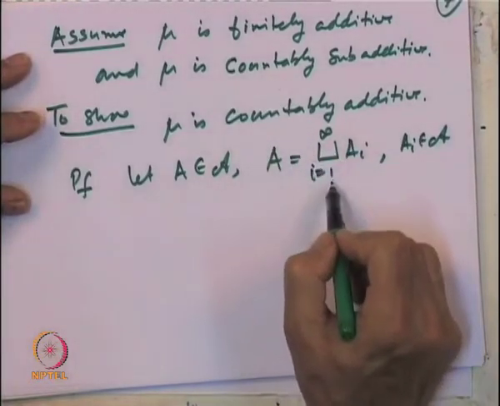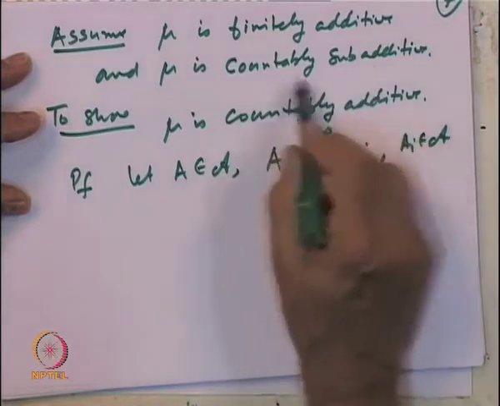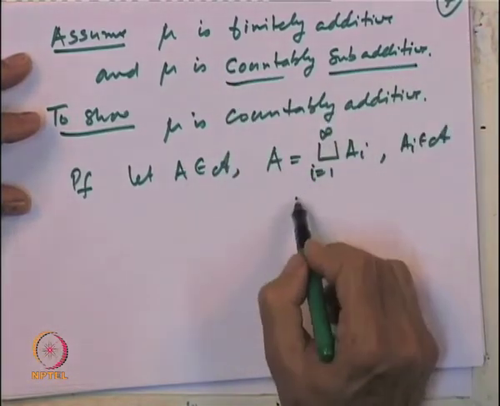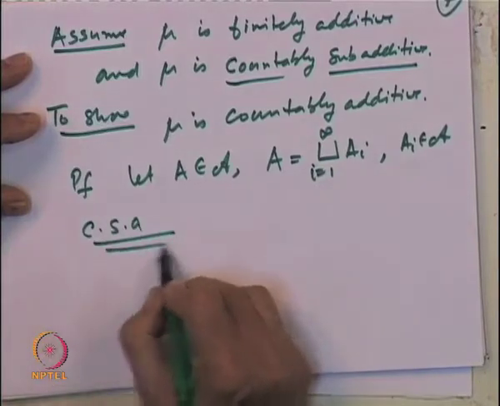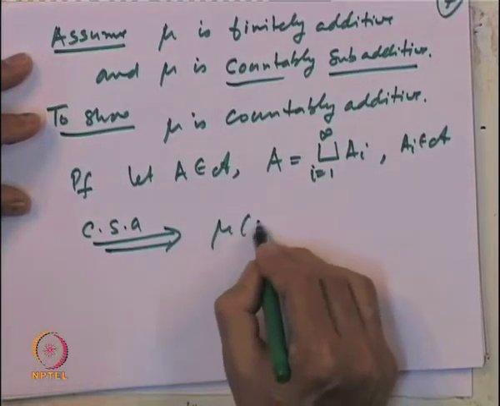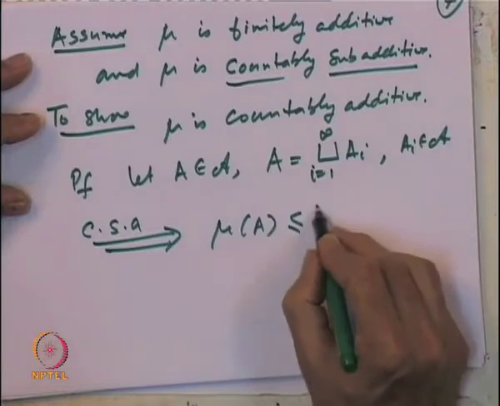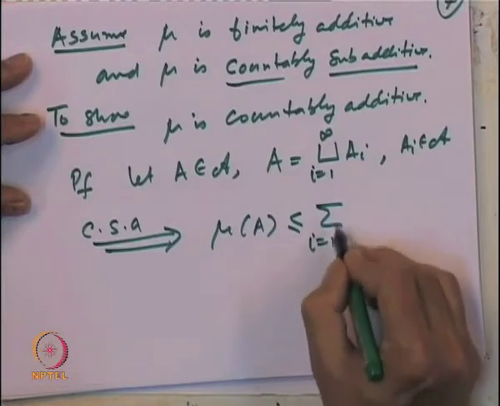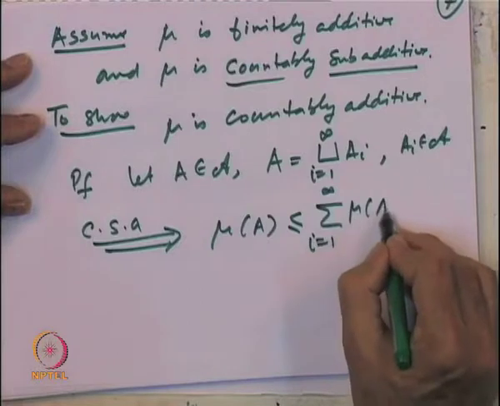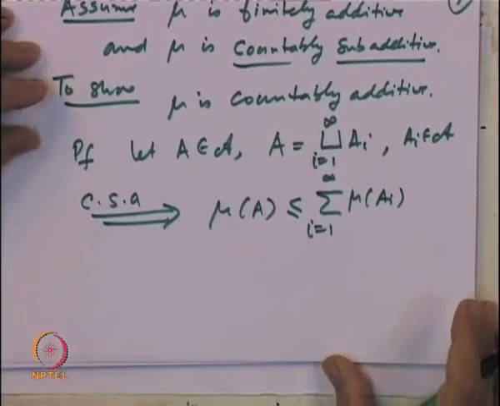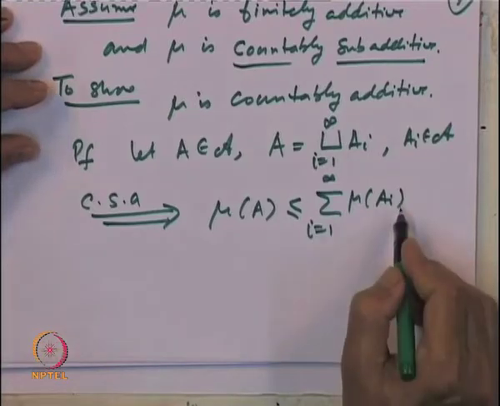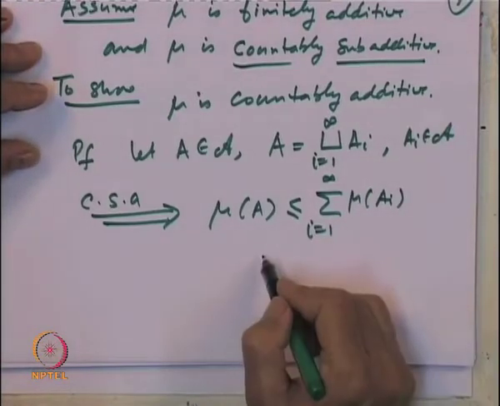Now, by the countable subadditive property which is given to us, countable subadditive implies that mu of A is less than or equal to sigma i equal to 1 to infinity mu of A_i's. So, countable subadditivity implies that this is less than or equal to this. So, we have to prove only the other way around.